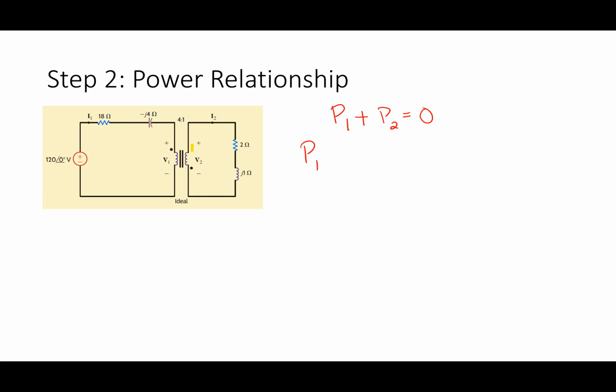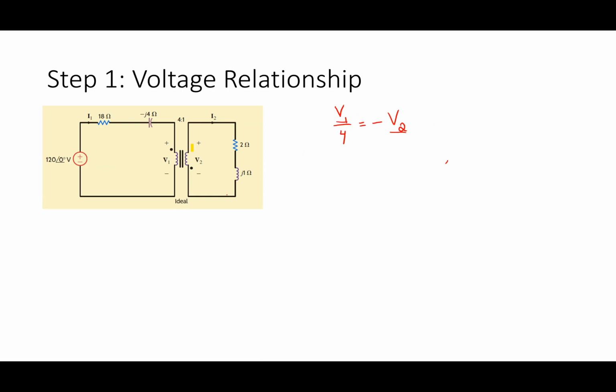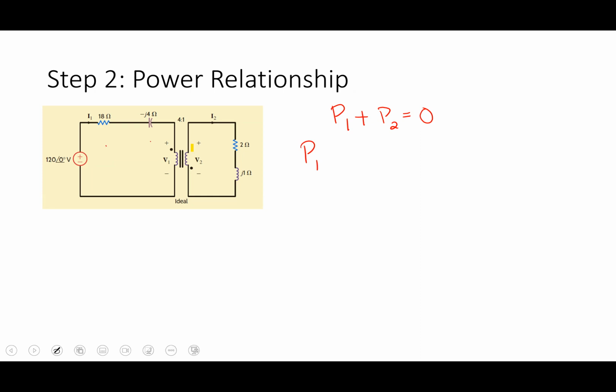So to be clear, I1 is going this way, as it's been shown, and I2 is going that way, as it's being shown. So how would I write P1 here? Positive V1 I1. What about P2? Same thing, but negative.